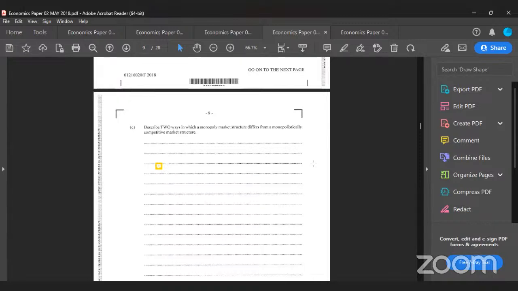So we know a monopoly is the only seller in the market, whereas in a monopolistically competitive structure, there are many sellers in the market. We also know that in a monopoly, there's a unique product, whereas in a monopolistically competitive market, there are differentiated products, right?